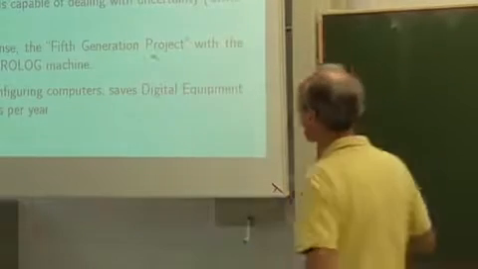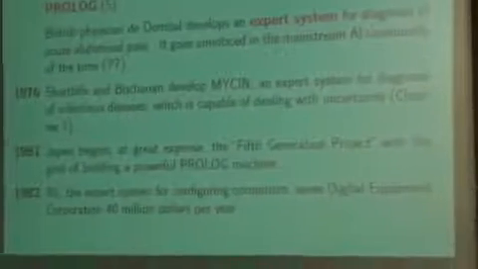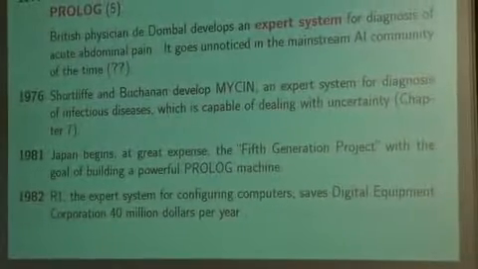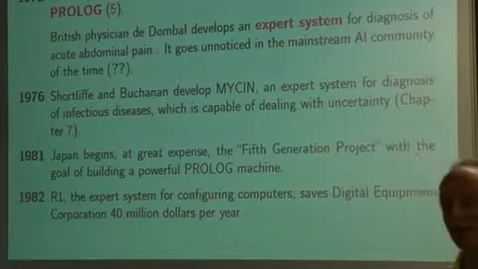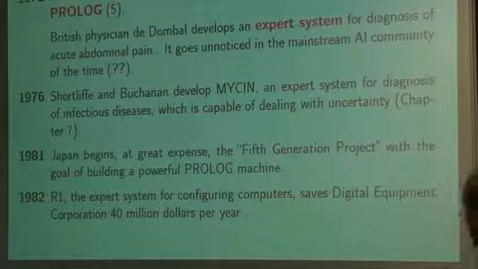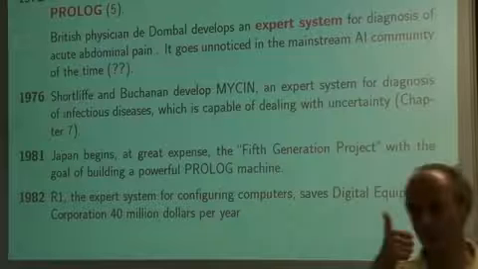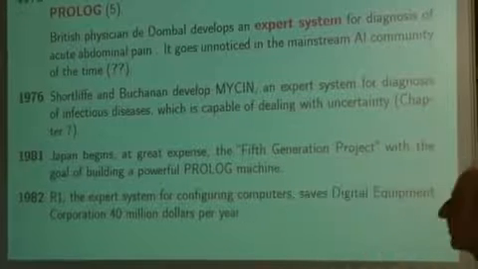A few years later, two guys from the United States developed Mycin, an expert system for diagnosis of infectious diseases, which got famous immediately, and in every AI book you can read about Mycin, but nobody knows about de Dombasle's expert system, which was much earlier and much better.